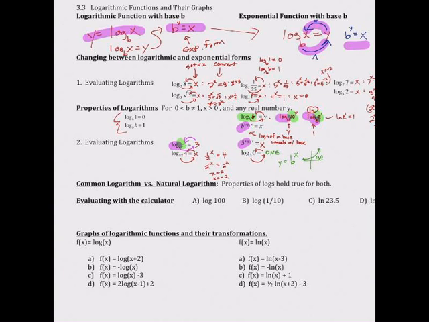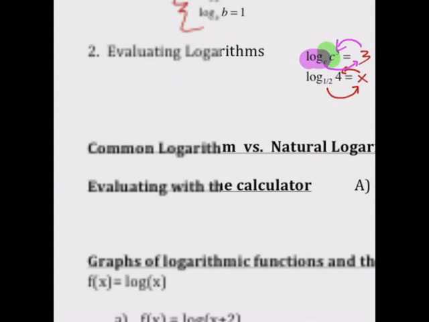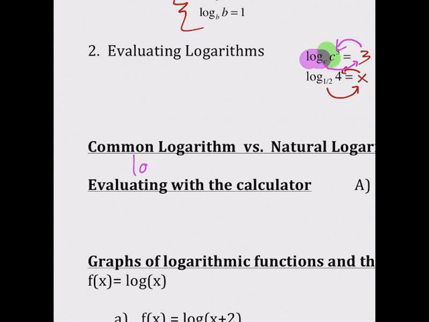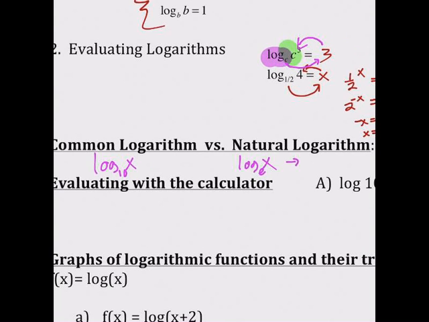So, common logarithm versus the natural logarithm. The common logarithm is log base 10. Natural logarithm is log base e. We don't write it that way, though. We just write ln of x. It gets its own notation, log natural, ln.